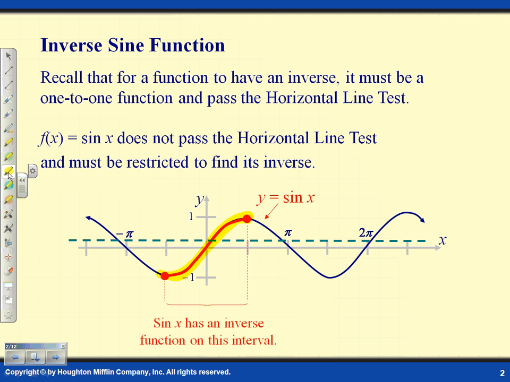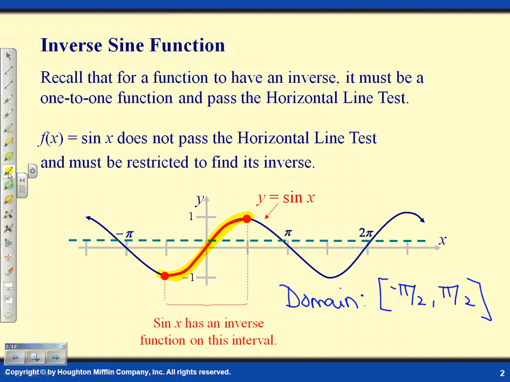What's my domain of this? Where does it start? Negative pi over 2. It starts at negative pi over 2, and it ends at pi over 2. Do we see that? Do you remember seeing that notation?